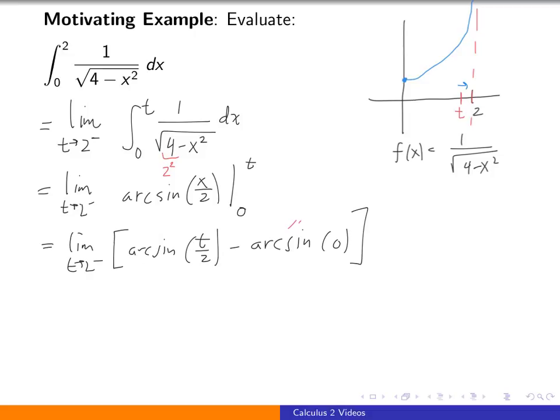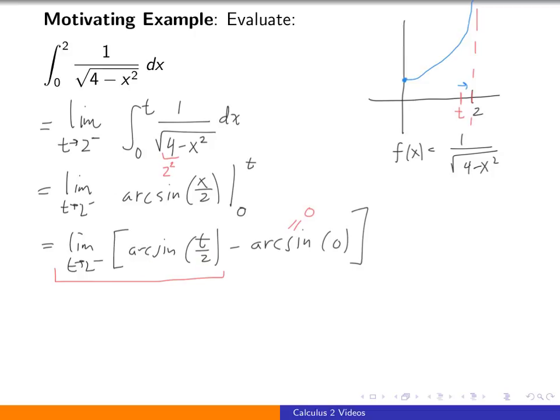Recall that the arcsine of 0 is equal to 0, so that term vanishes. What remains is really evaluating the first part of the limit. As t approaches 2 from the left, this t over 2, the thing that's inside the arcsine, is approaching 1.